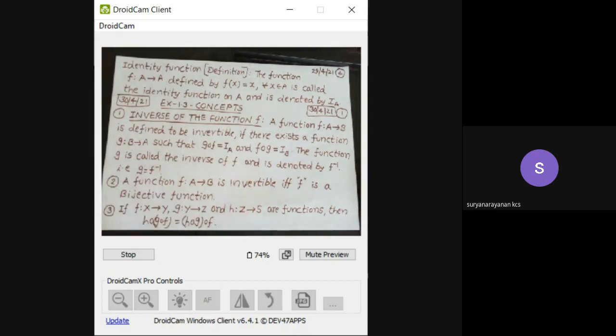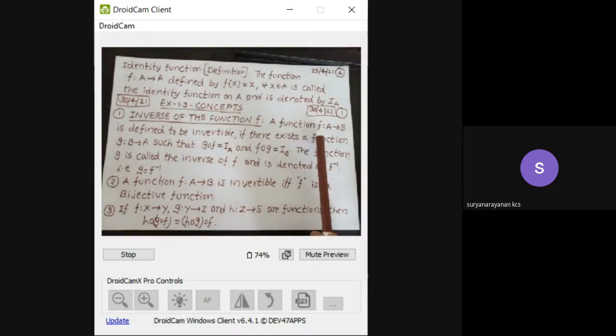Now come to the next point, invertible function. What is meant by invertible function? In the previous classes, I have introduced invertible function. All bijective functions are invertible. Simply to say, all bijective functions are invertible functions. Now let us take the definition. What is the definition of invertible function?